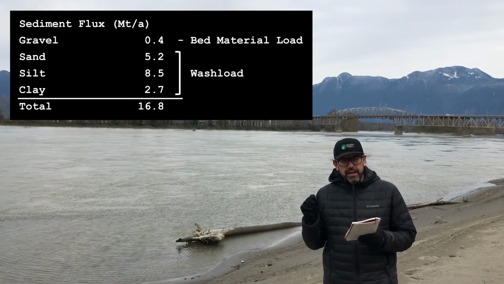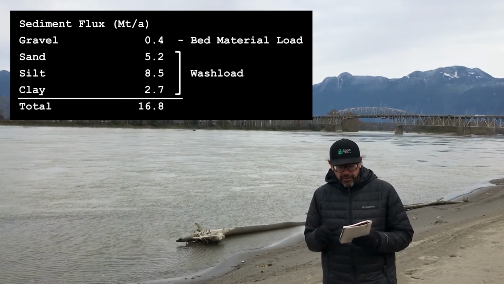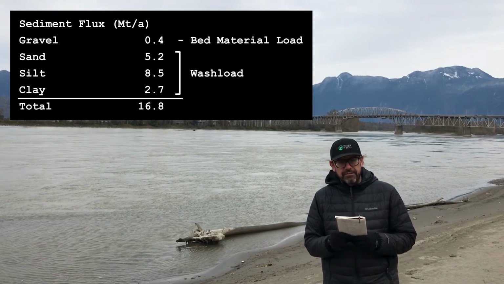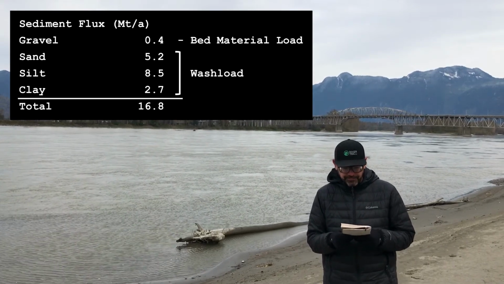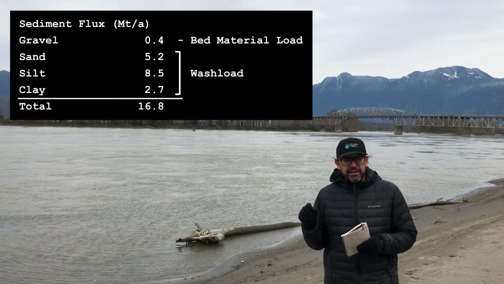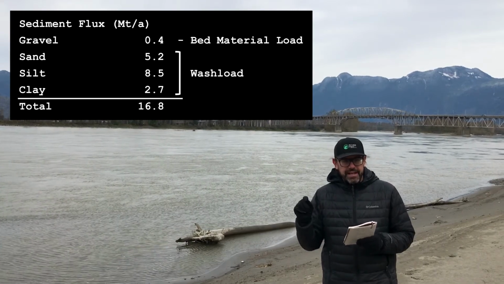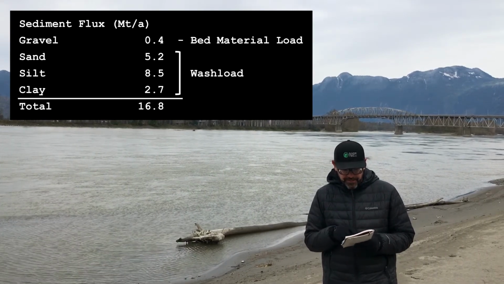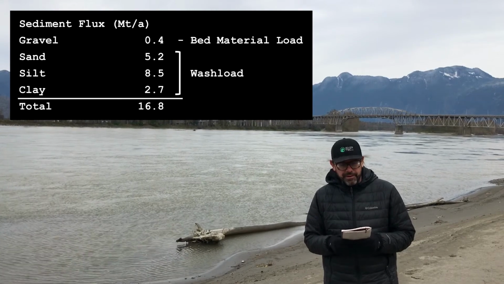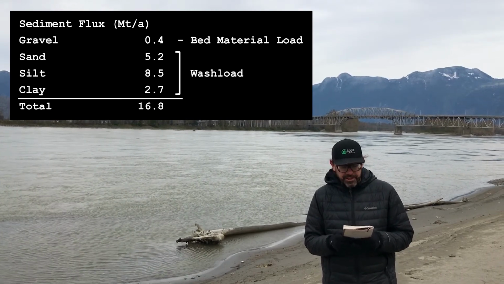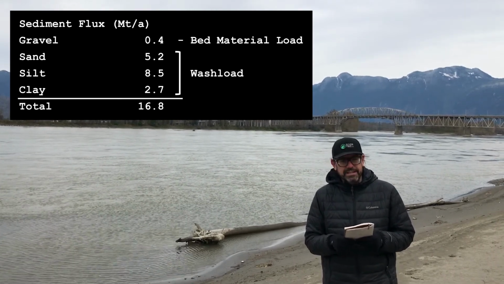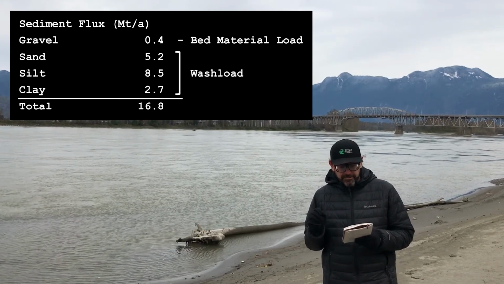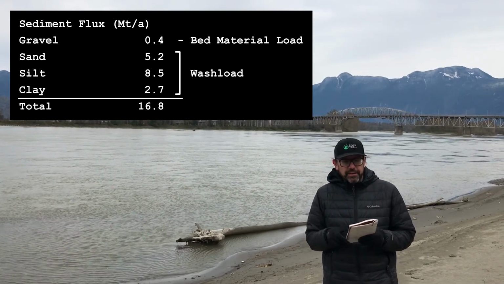That is about 0.4 million tons of gravel moving through here every year. 5.2 million tons of sand moves past here every year. 8.5 million tons of silt moves through the channel, and about 2.7 million tons of clay moves through the channel every year.